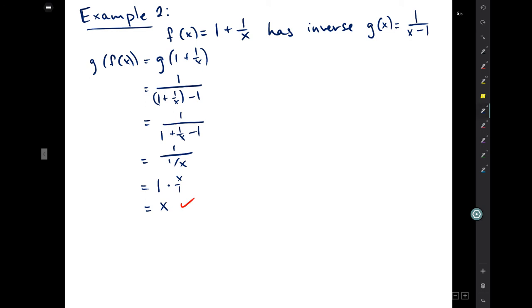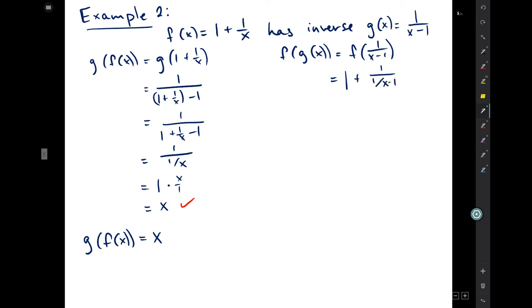So again, what I showed is that g of f of x is equal to x. That's half of it. We have to do the other direction, so let's look at f of g of x. So I take f and I stick in 1 over x minus 1. My rule f is to take 1 and add 1 over my input. Again, I'm dividing by a fraction, which is the same as multiplying by the reciprocal.